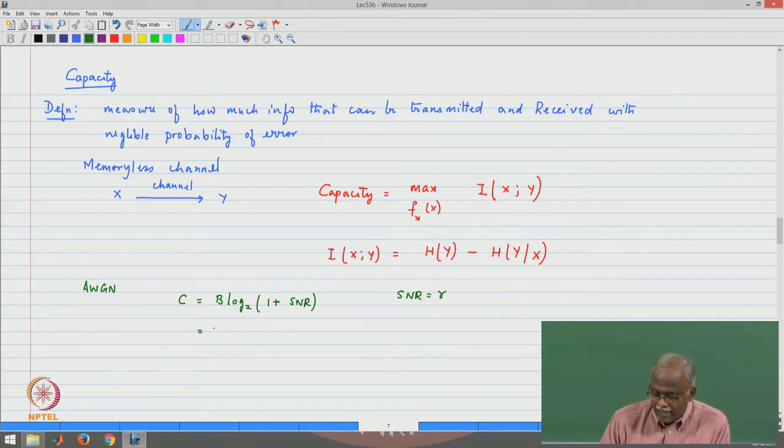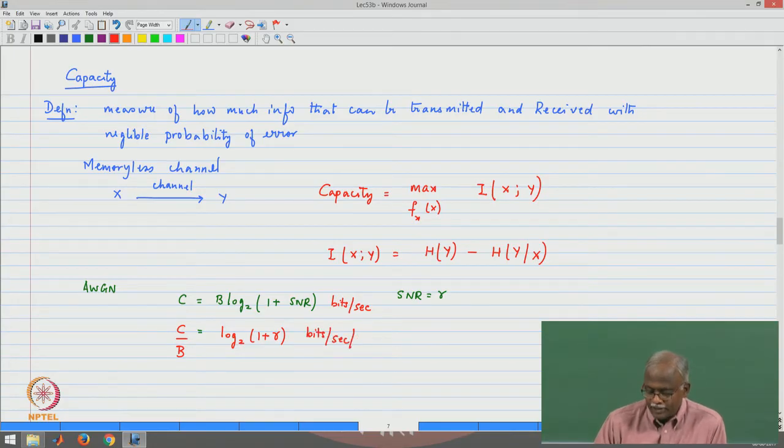The units will be bits per second, and sometimes we find it more convenient to represent it in terms of a normalized capacity. So, C divided by B, per unit bandwidth, is given by logarithm base 2 of 1 plus gamma, where the units will now become bits per second per hertz.